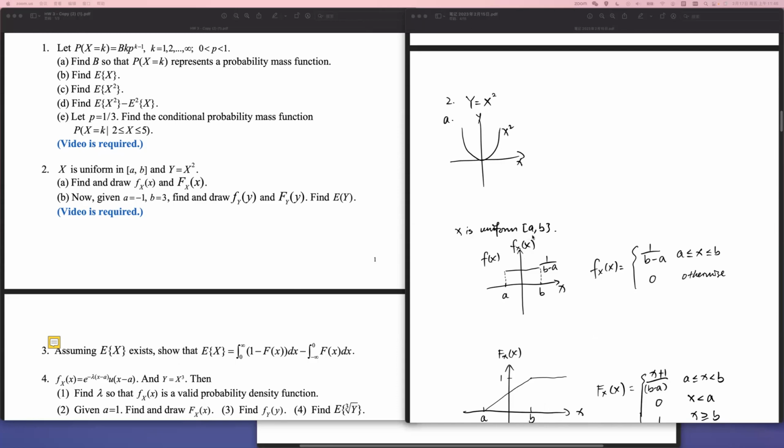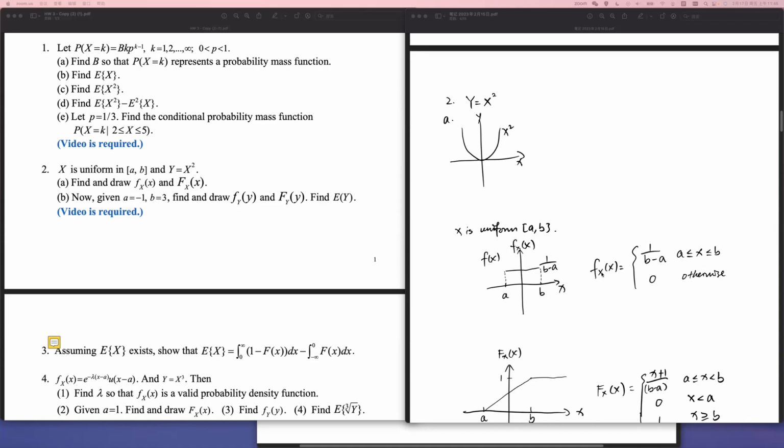We know that x is uniform in a to b, so the sum of the probability from a to b equals 1. So on every point, it should be 1 over b minus a. From a to b, the probability is equally the same.